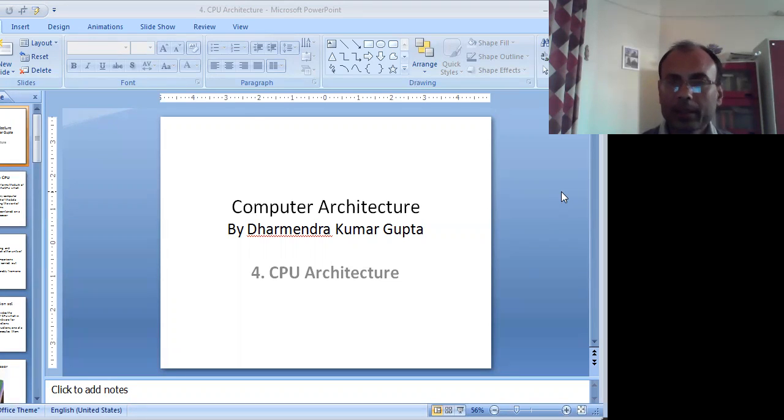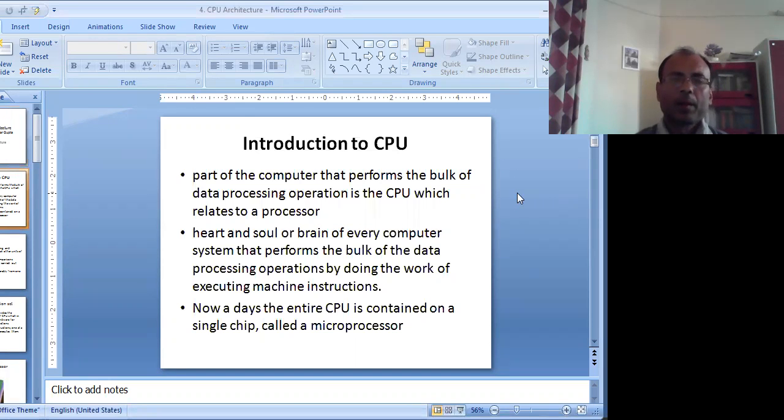So in this lecture, let's talk a little bit about the CPU. As we know, the CPU performs the bulk of data processing. Every time a program is running on our computer, it is the task of the CPU to execute it.